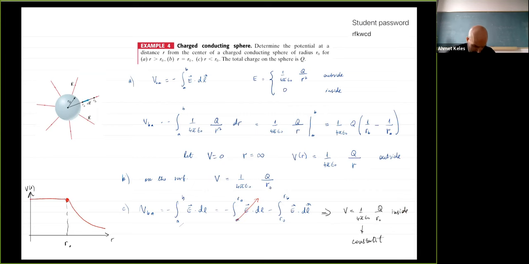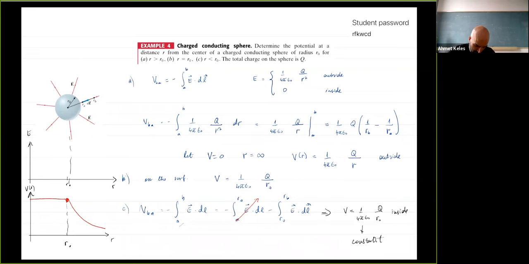Okay. We can compare this with the electric field. Let's also plot the electric field separately. So this is again R, this is again R naught, but this one is the electric field.